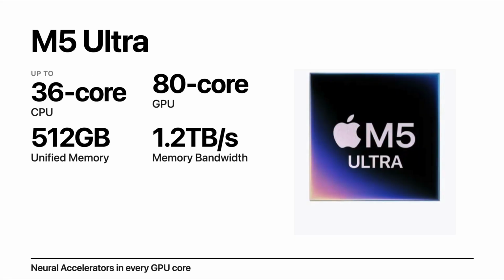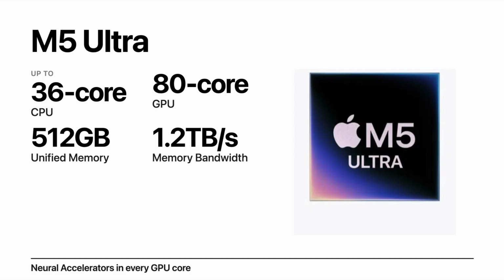But M5 Ultra is where things get really interesting. At the top end, we're getting a 36-core CPU and an 80-core GPU. Apple has used its next-generation UltraFusion architecture to connect 4 dies together, creating the first quad-die Apple Silicon design. And then there's memory.